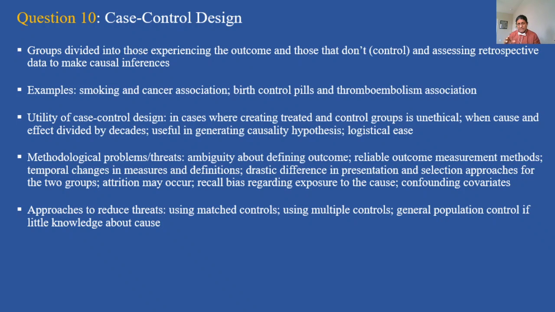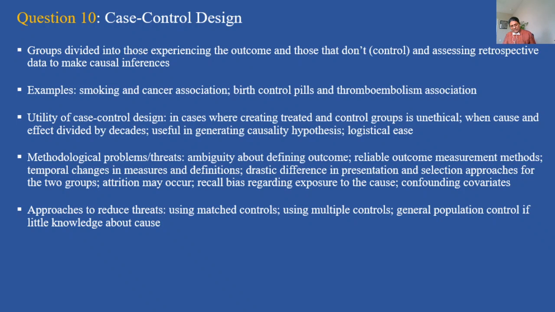The outcomes are typically dichotomous in this design. That is, there are two options: whether the outcome has occurred or not. Well-known examples of this design are the causal inferences of lung cancer due to smoking or thromboembolism due to the use of birth control pills.